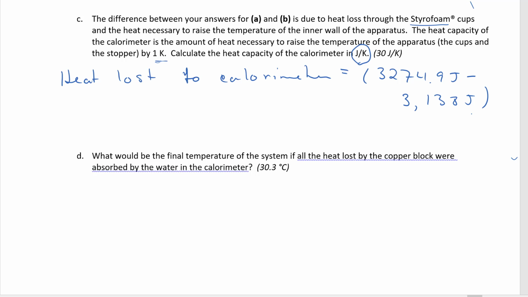So the difference there is approximately, let's see, 137 joules of heat lost to the calorimeter.